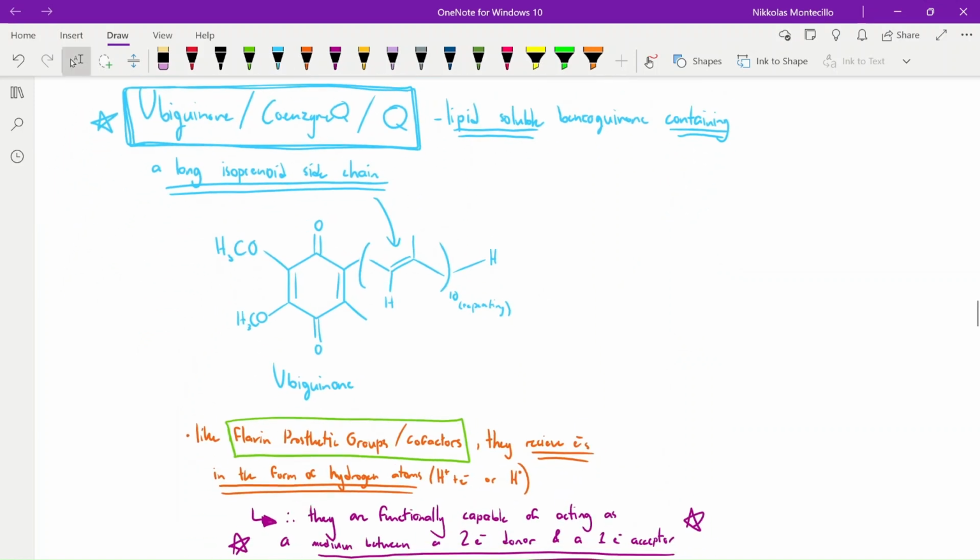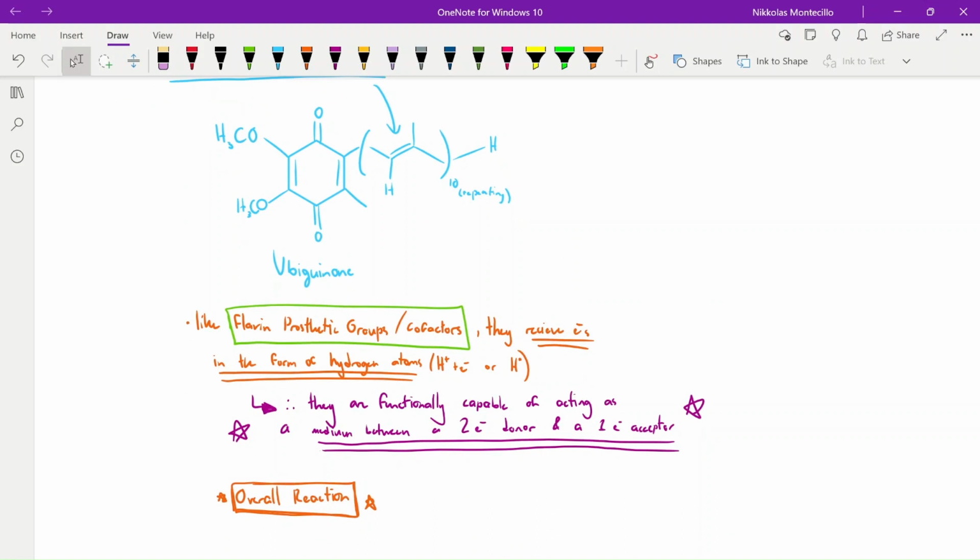Now, like flavin prosthetic groups or cofactors, they receive electrons in the form of hydrogen atoms, or hydrogen atom plus electron, or as we saw in FAD and FMN, they exist as a hydrogen atom with one electron present, in its normal form.